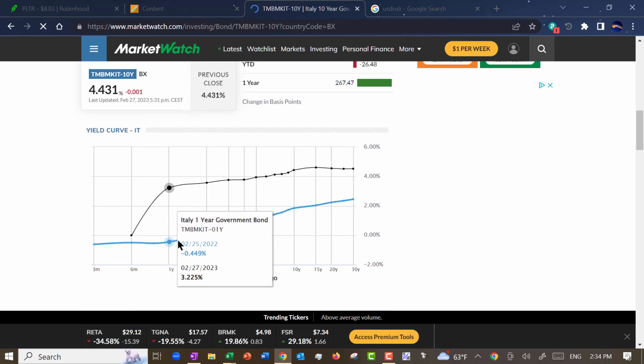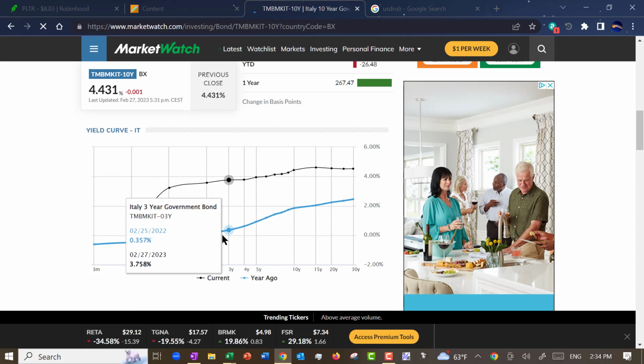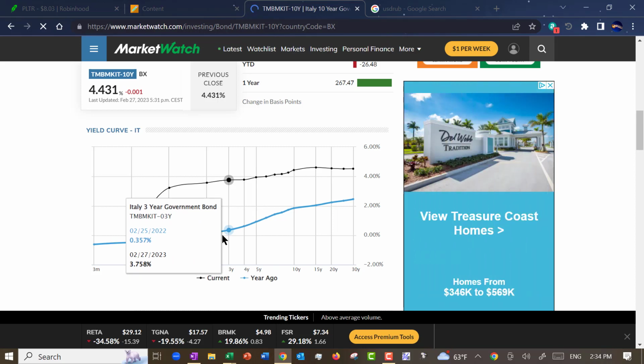Why? There's a difference between buying bonds denominated in euro versus US dollar. There is actually default risk on an Italian bond. Who's gonna guess why Italian bonds have a default risk, but US bonds don't?